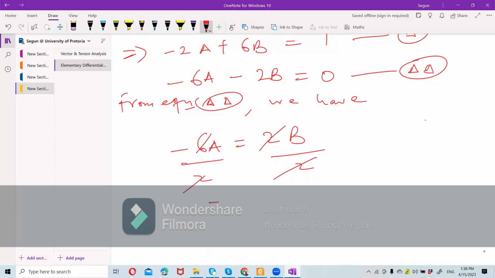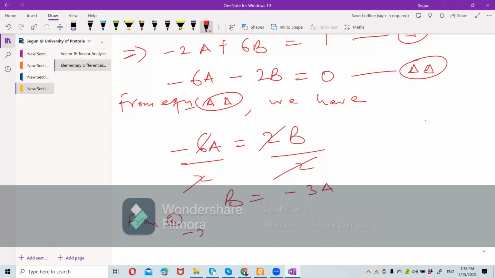Let's say we have b is equals to minus 3a. Let it be minus 3a. Okay. Now, if b is equals to minus 3a, let's go to the equation from the triangle.